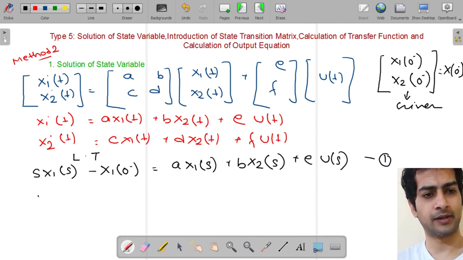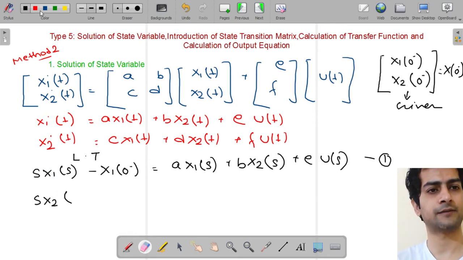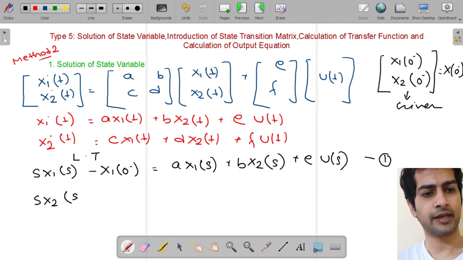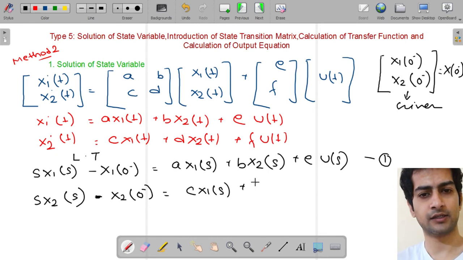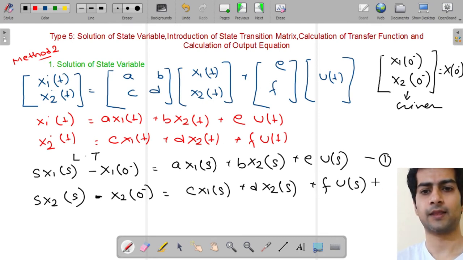Now applying a Laplace transform in the second one. The dot will not be here. x2(s), then the initial condition. Yes, this is our equation 2.